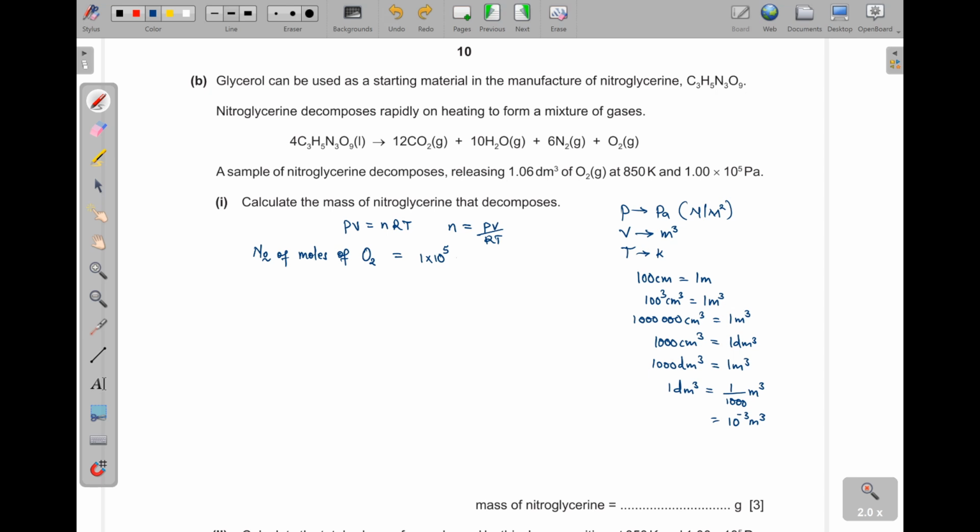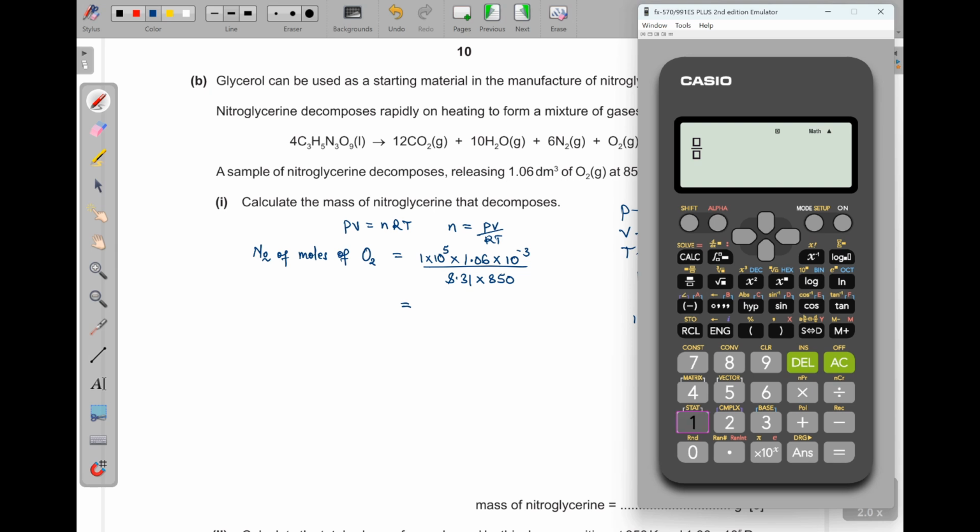And then V, the volume, is given as 1.06 times 10 to the power of negative 3, remember we are changing it to meters cubed. Then we divide by R, which is 8.31, then times the temperature, 850. It was given already in kelvins.